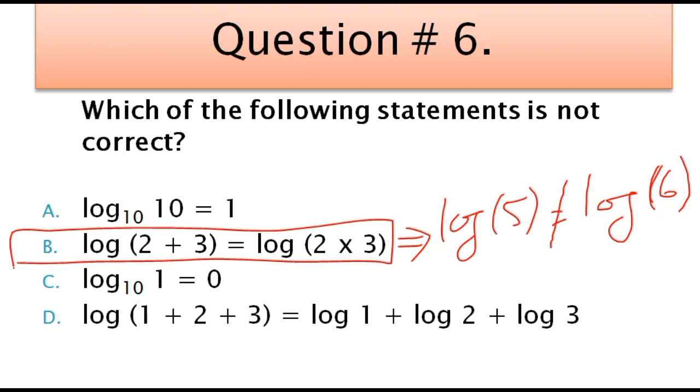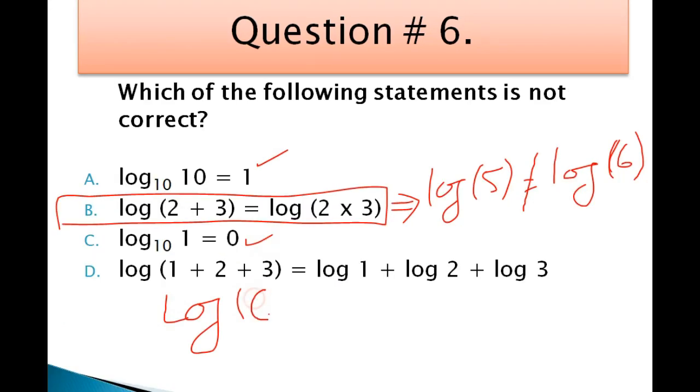Log 1 to the base 10 is equal to 0. Log 1 to any base is always equal to 0. And log 1 plus 2 plus 3 is 6. Now if we take log out, it will be 1 multiplied by 2 multiplied by 3.